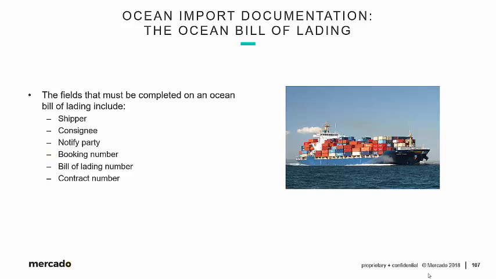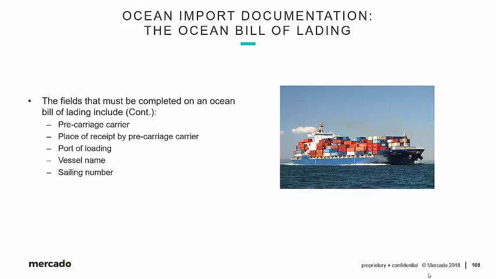If a U.S. importer has negotiated an ocean contract with a steamship line or an NVO, that contract is going to have a number. In order for the steamship line or NVO to apply the correct rates to that shipment, the contract number has to appear on the ocean bill of lading. That's an important one.